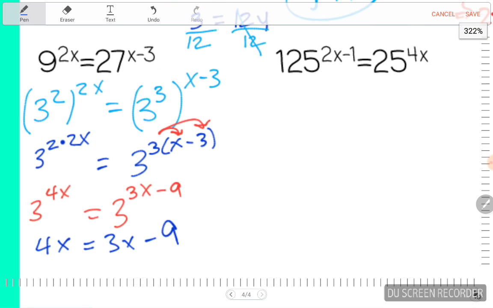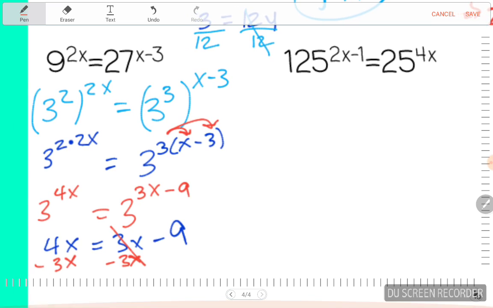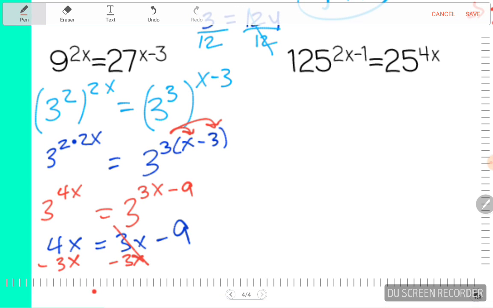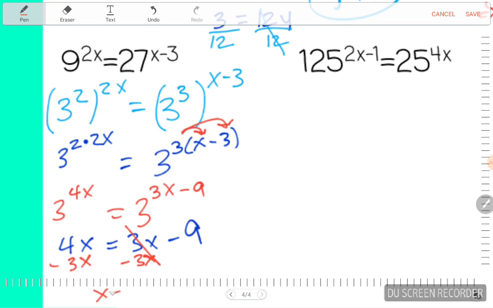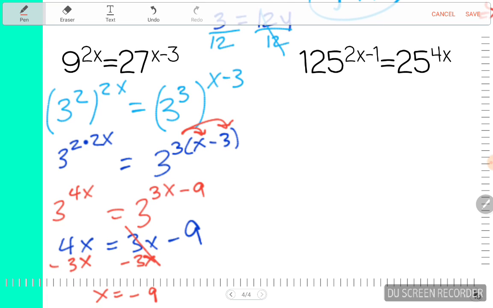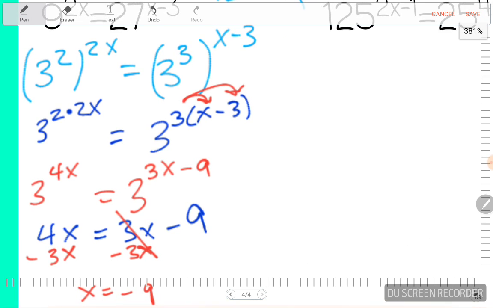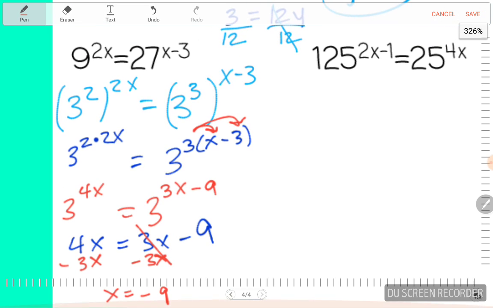Okay, it's kind of why it's a challenge problem, I guess, because now we have x on both sides. So we'd have to subtract 3x to both sides. That cancels, and I get that x equals -9. Okay, sorry, kind of off the page there.